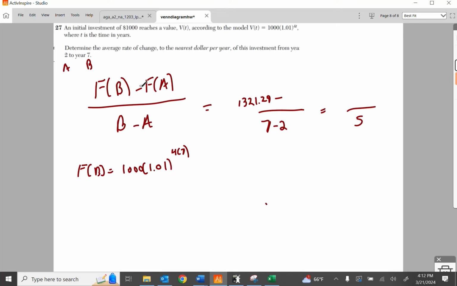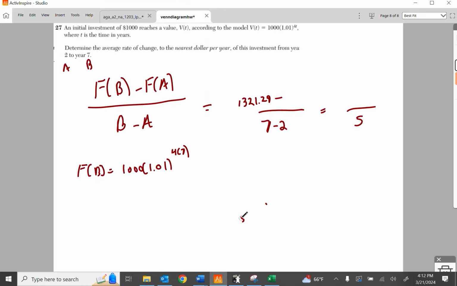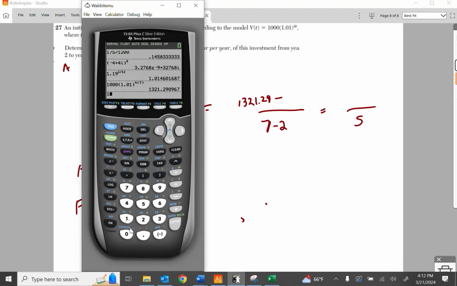1321.29 minus, because there's a minus. And this time it's going to find f of a by letting that t be a 2. And if it does not know what 4 times 2 is, it does not have to. And it gets 1,082.86.